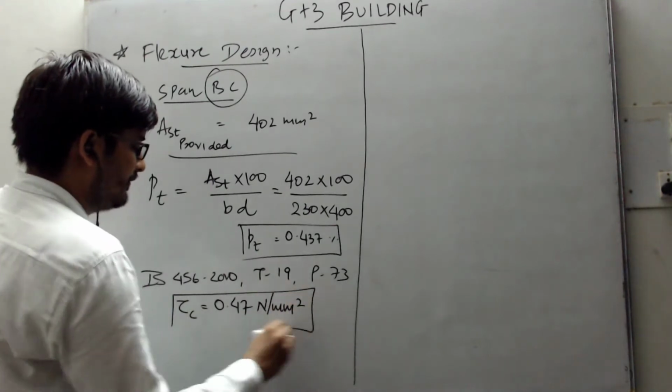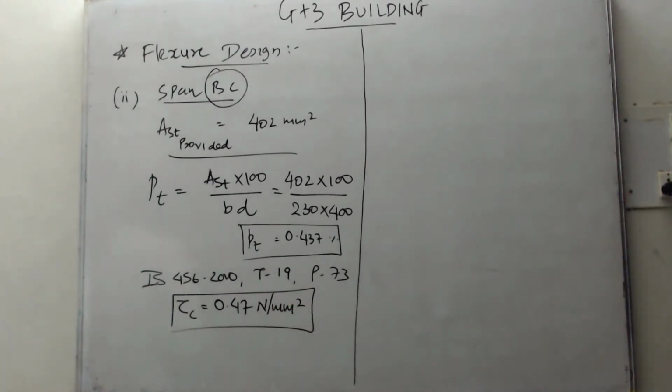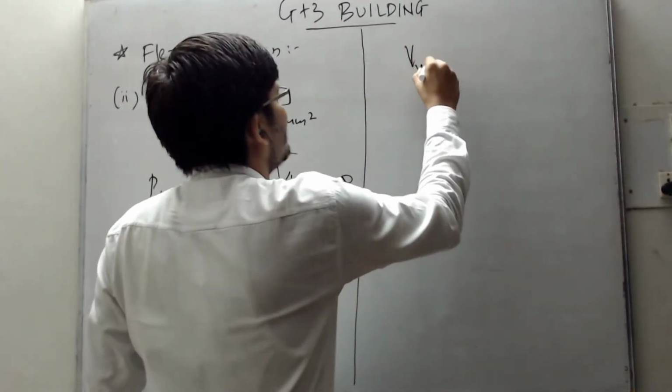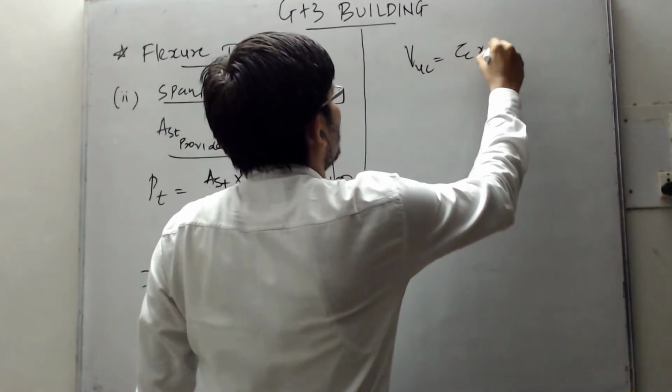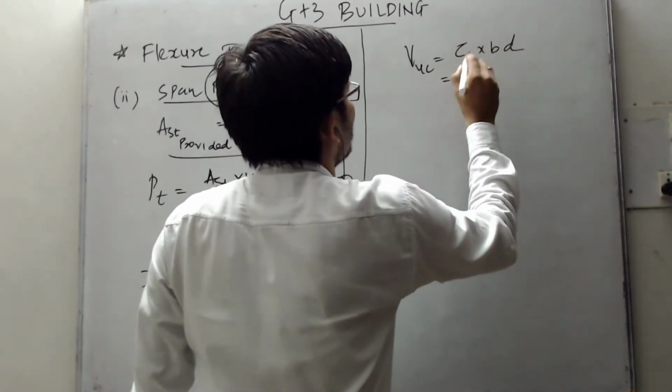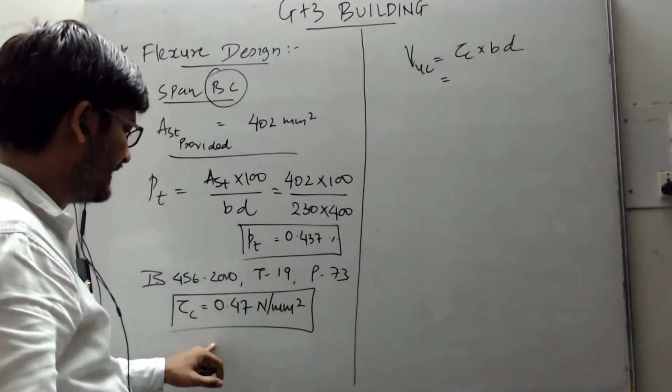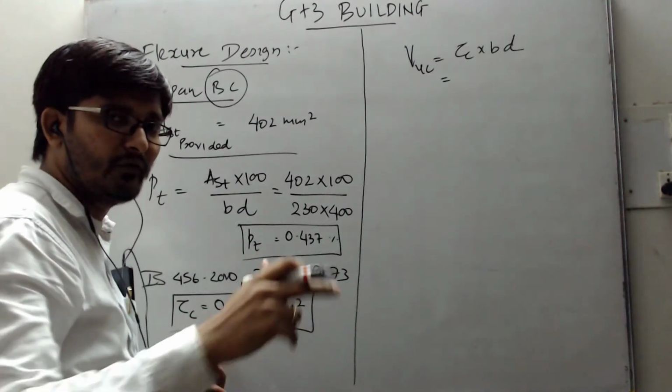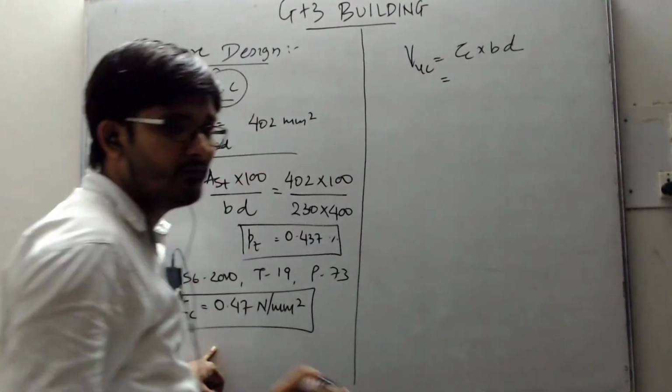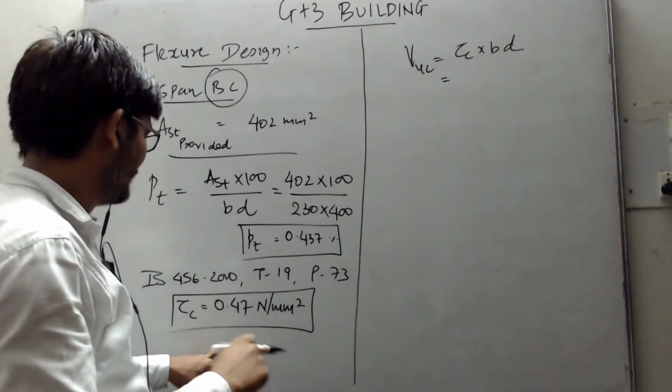Once we get the value of tau C, we can easily calculate the value of VUC. VUC is equal to tau C into BD. This is also given in the code, right? We have seen this in the previous session. If you do not know how this value is coming, I would suggest you please refer to the previous session so that it will be clear to you.